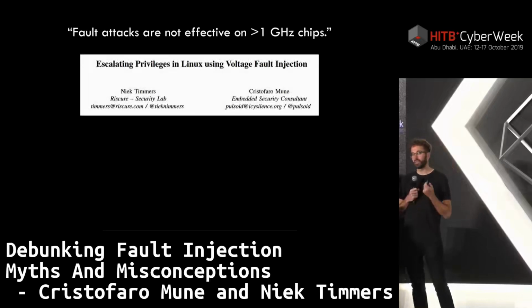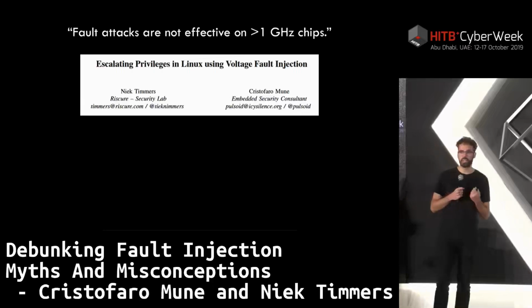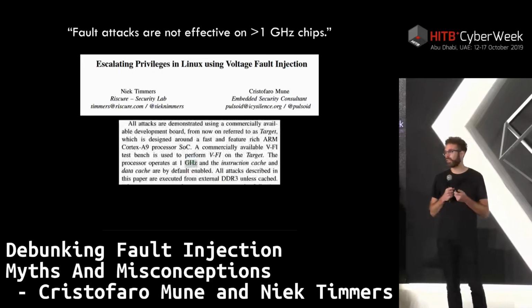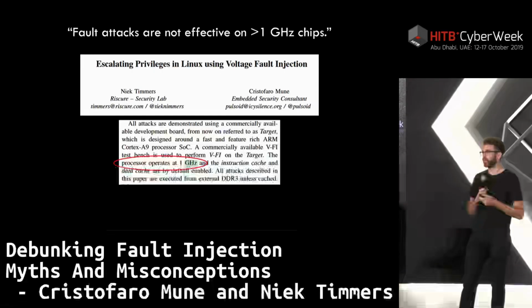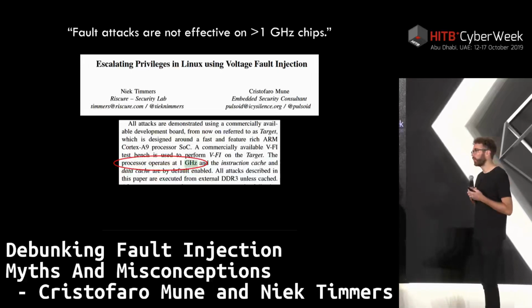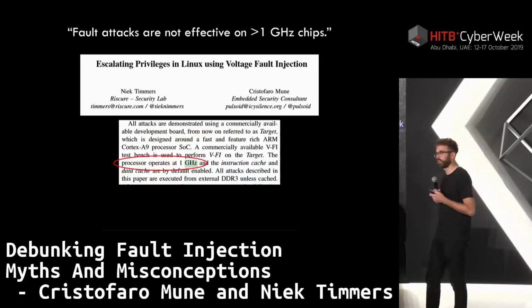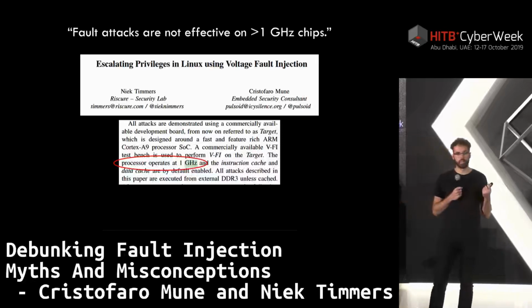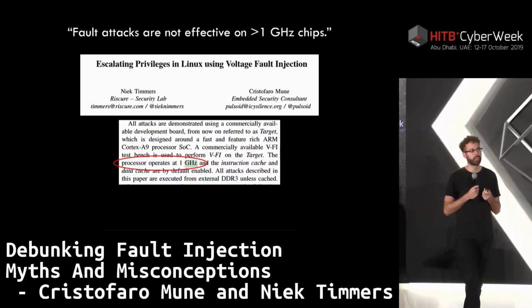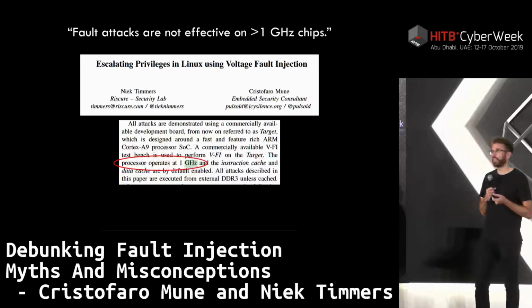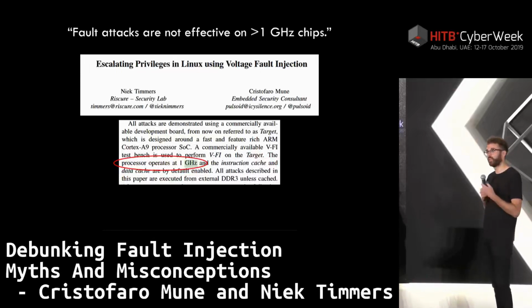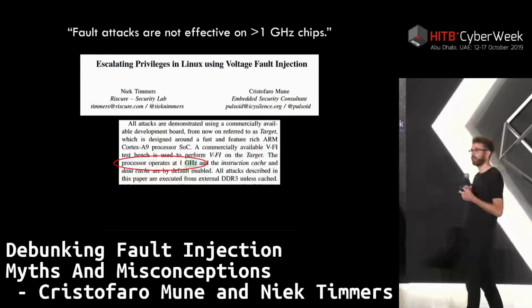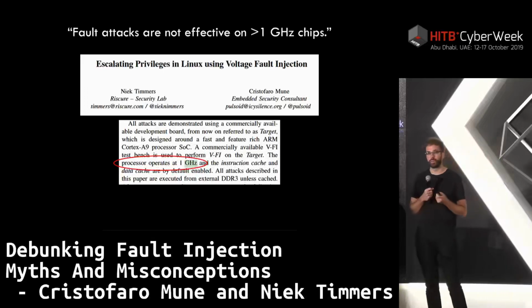Well, the research that Christopher already referred to, where we escalate privileges in Linux, was actually done on a chip running at 1 gigahertz. In the paper we showed that on a vanilla version of Linux, on a common development board, the chip is commonly used for all sorts of products, it is possible to pull off these sophisticated attacks where you inject glitches during the runtime of a full-blown operating system in order to change the intended behavior of the software in the Linux kernel.